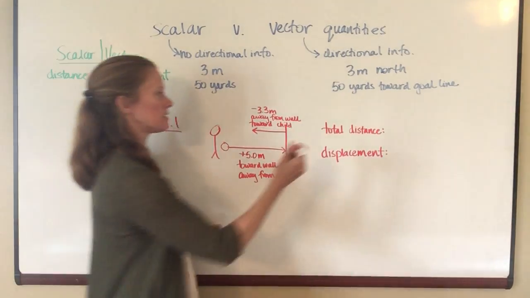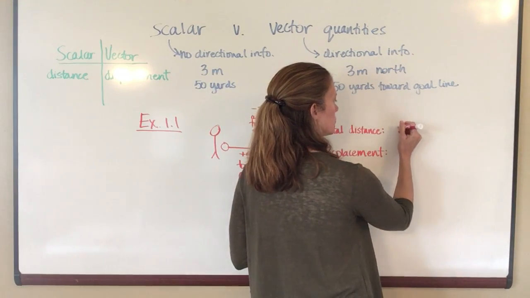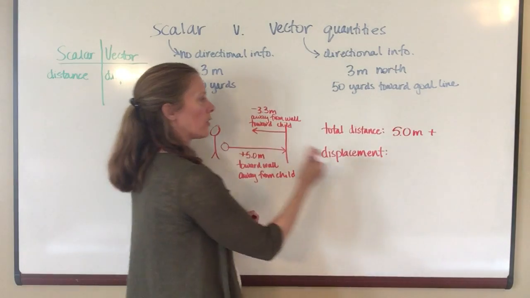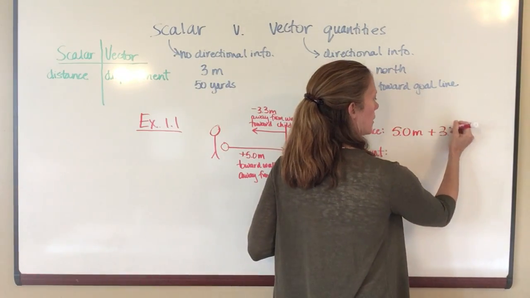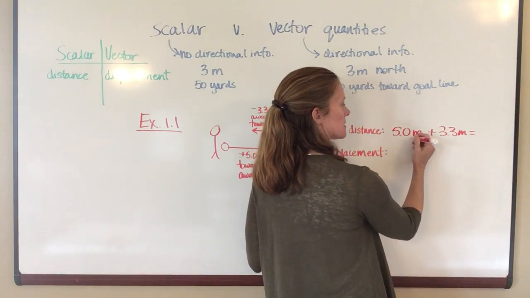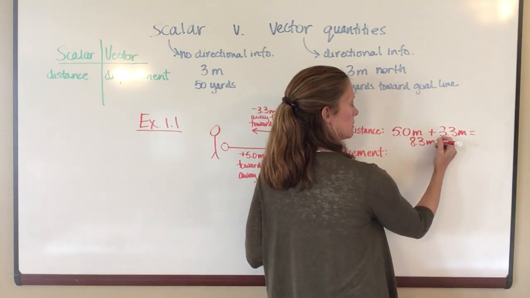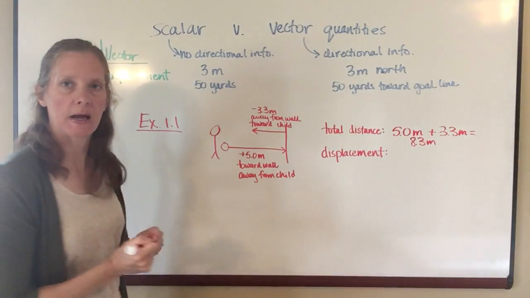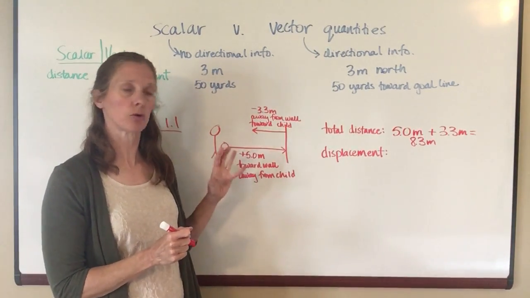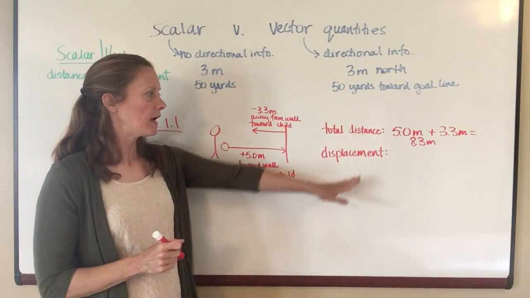So if it went 5.0 meters towards the wall, and then it bounced 3.3 meters back from the wall, that will give me a final distance of 8.3 meters. Okay, that's how much space the ball actually rolled over in its journey.